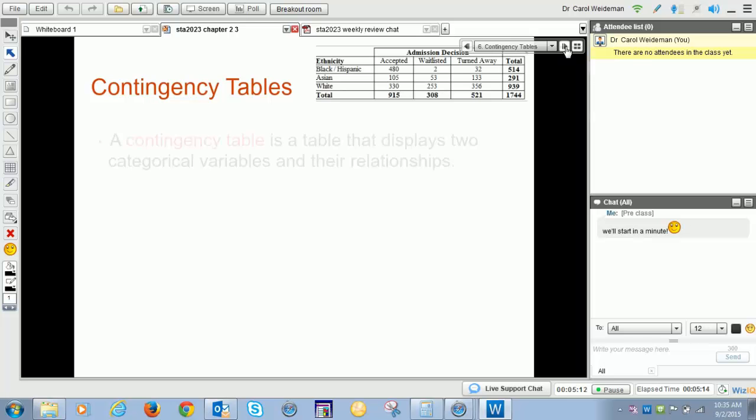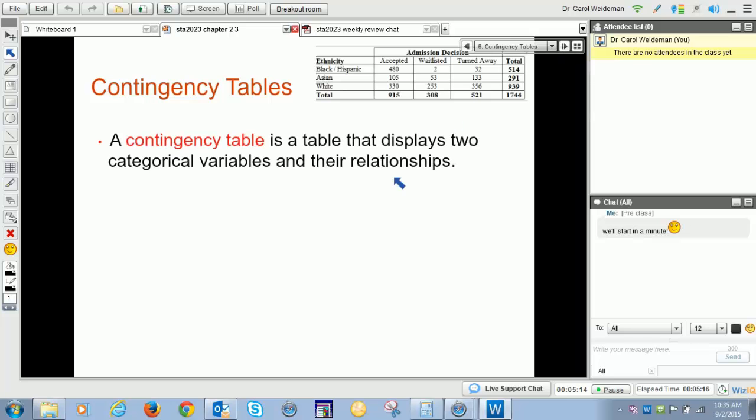A contingency table is a way to display 2 categorical variables and their relationship. Your cases are classified by each of the categorical variables, and we create this little table. In this particular table, we're looking at students that apply to a college, and we have admission decisions, either accepted, waitlisted, or turned away, and then we also have their race, ethnicity.